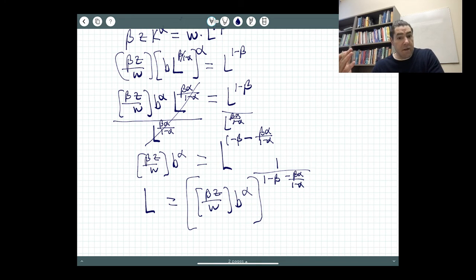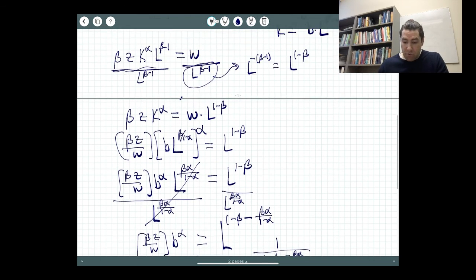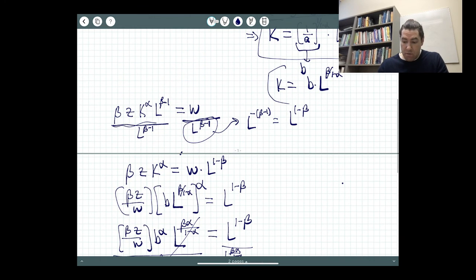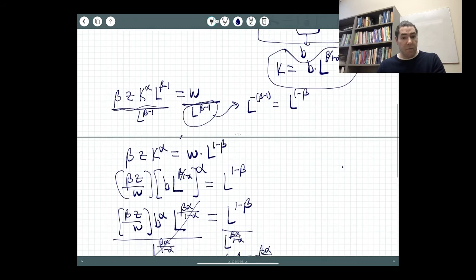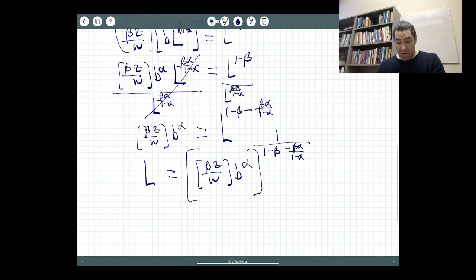So that's it for L. And once I have L, I can plug that back into my equation for K, right? So K is going to be B times this thing, all raised to a power.